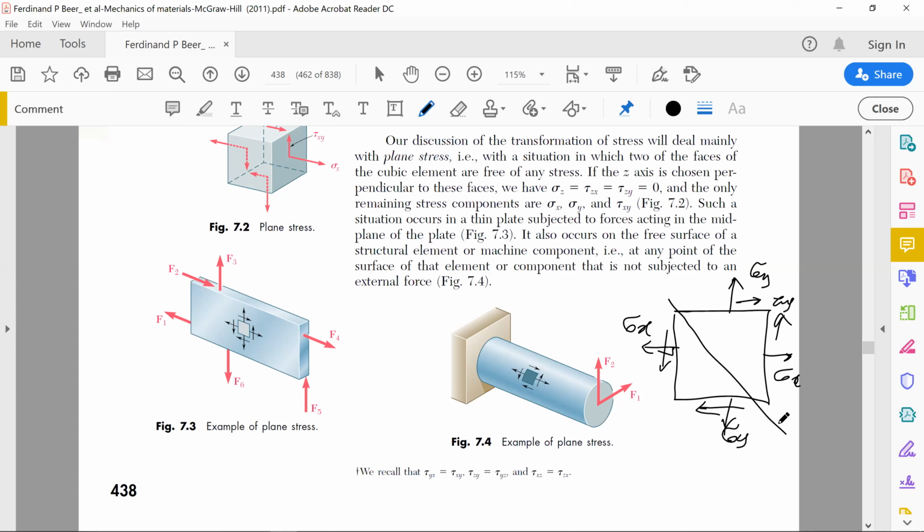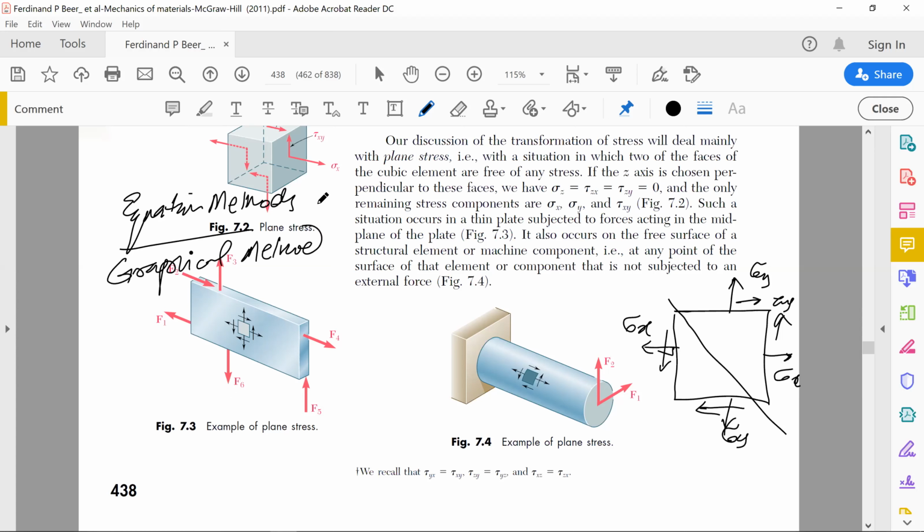So we want the maximum normal stress value and the maximum shear stress value. We can calculate this by 2 methods. One method is the equation method, and the second is the graphical method, right?